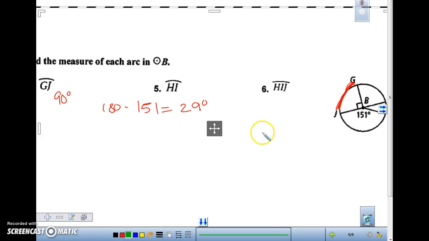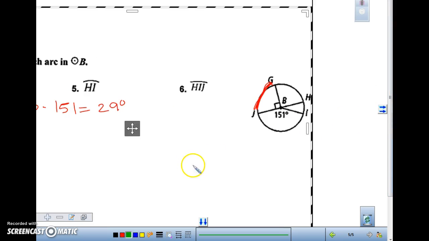I can move it over. There we go. So 180. This diagram here, this is a diameter. Ladies and gentlemen, we're almost done. I promise. So 180, that's the semicircle, minus 151 gives us the 29. And then how about HIJ? 180, because it's a nice semicircle.